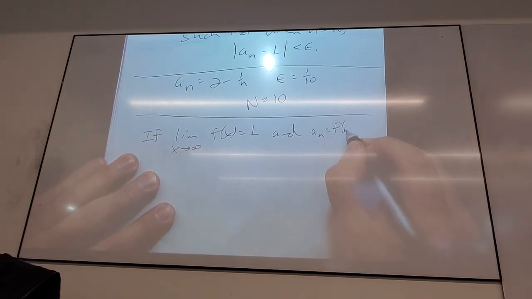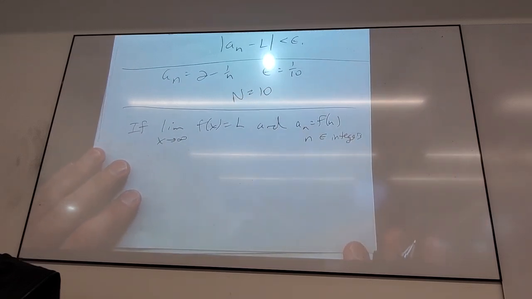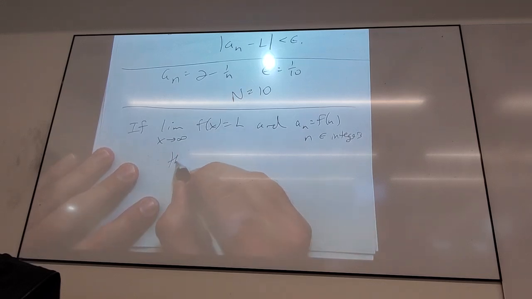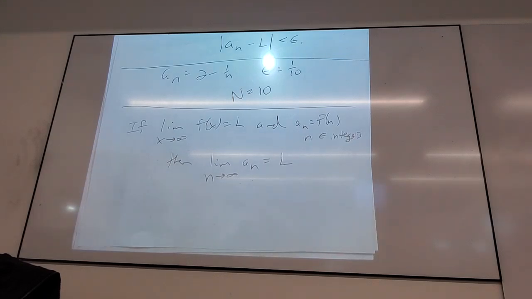a_n = f(n), n an element of the integers. Then the limit as n goes to infinity of a_n equals L. That's kind of silly.